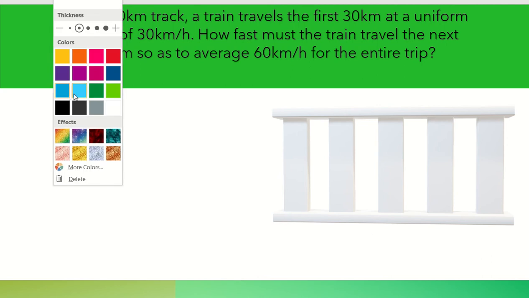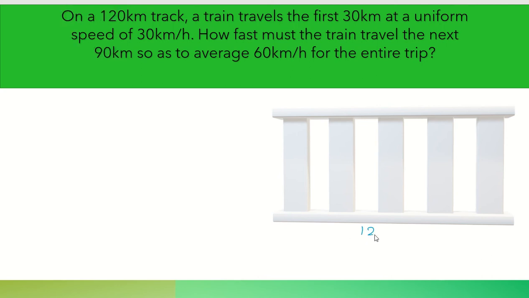So this is the track which has a distance of 120 kilometer. Total distance is 120 kilometer. So the first 30 kilometers, initial 30 kilometers, it travels at a speed of 30 kilometer per hour.